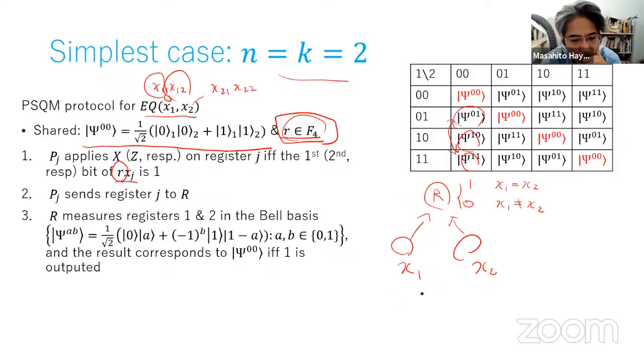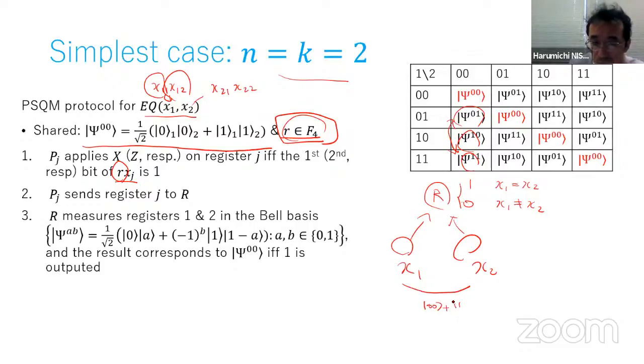Sorry, I missed that. Why is there randomness? What is the randomness? This is the shared entanglement, of course. And another randomness is, in fact, 2 bits, using A and B, for masking the information. So the first party, for example, calculates R·x1, and this party also calculates R·x2.